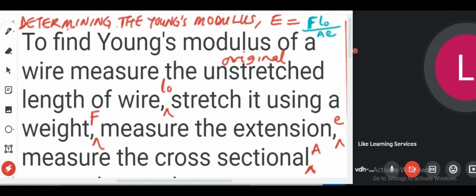So if we can find the original length of the wire, stretch it with a force or weight, and measure the extension produced and the cross-sectional area, we can find the Young's modulus.